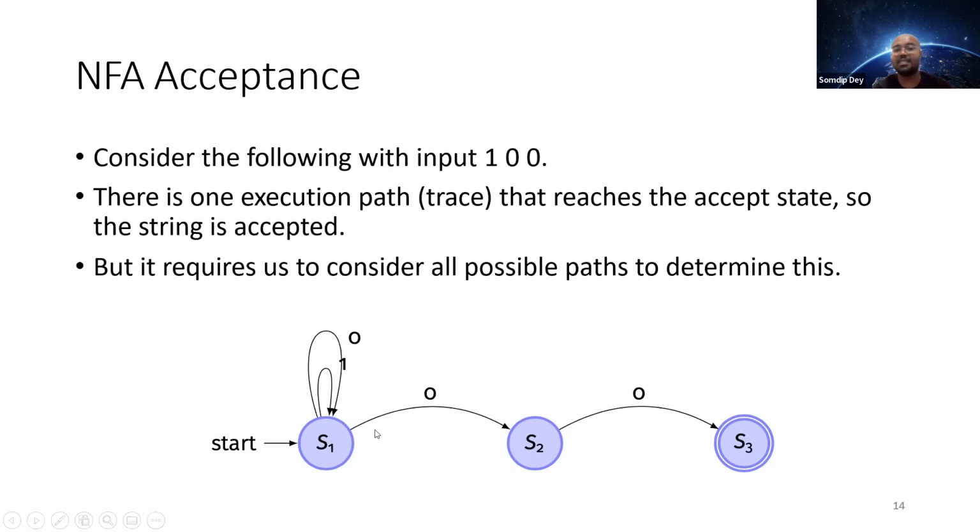As you can see, this is a perfect example of an NFA. For the start state of this finite automata, if 0 happens as the input string, then the machine can either remain in the same state S1, or it can go to the next state, S2, because the transition for 0 can happen in both ways.